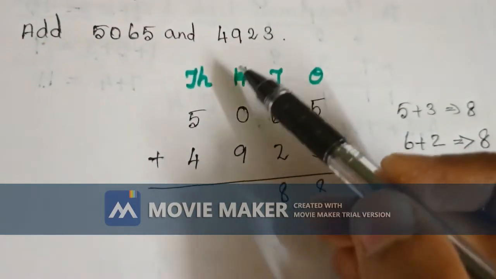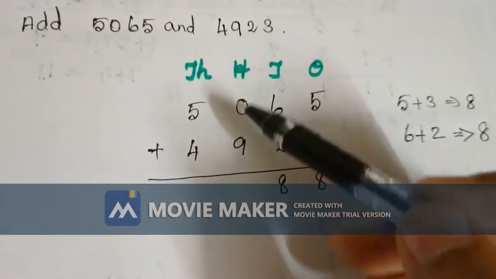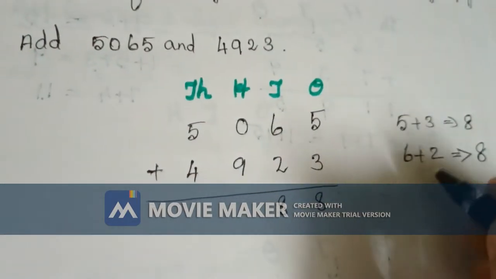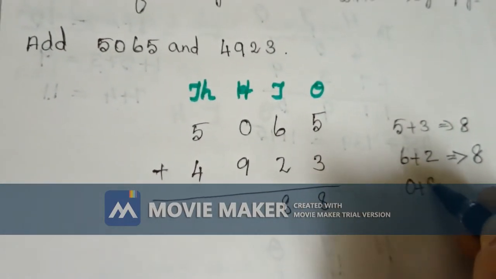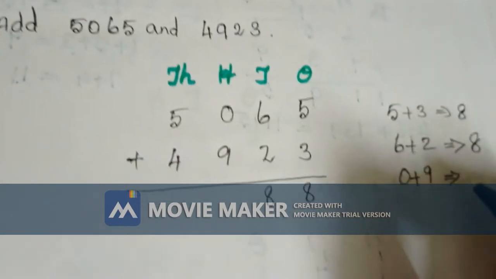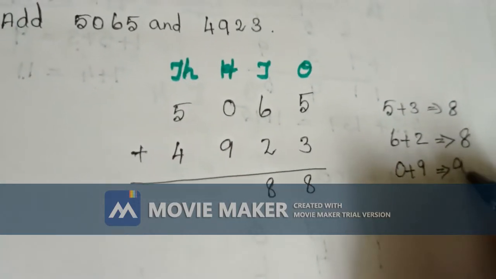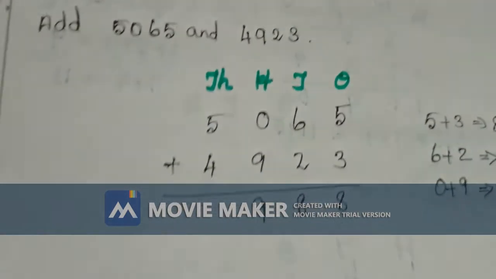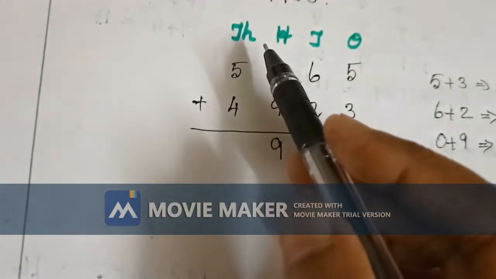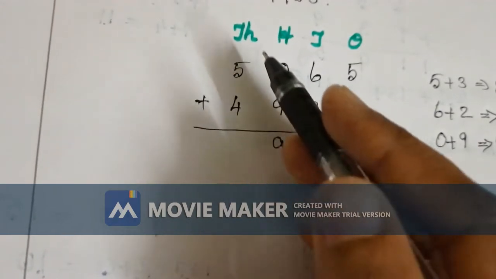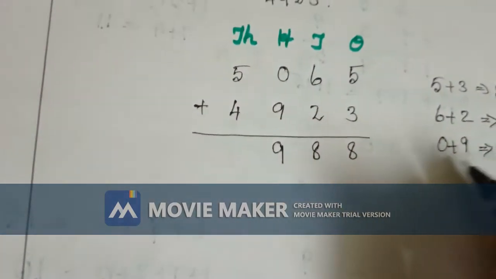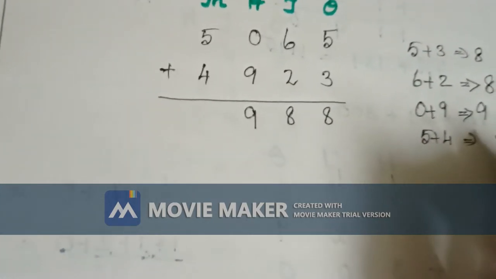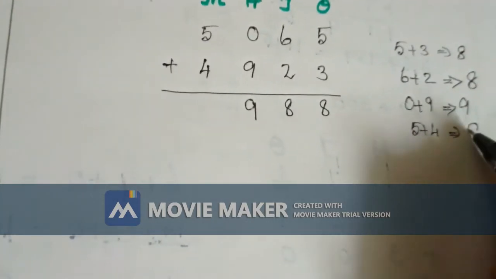The next step, you have to add the values in the hundreds place. The hundreds place values are 0 and 9. So 0 plus 9 gives us 9. Write 9 in the hundreds place. Then the next step, you have to add the values in the thousands place, that is 5 plus 4. So 5 plus 4 gives us 9.